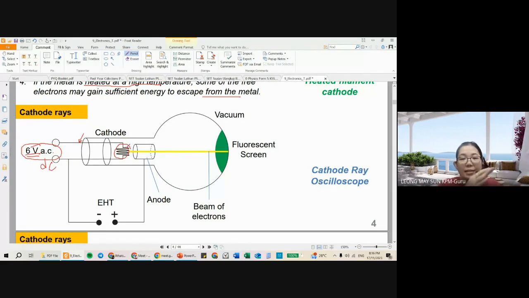It converts the electrical energy to heat energy and allows electrons to be emitted out from the metal. So when the electrons are emitted out from the metal, there will be electrons moving freely around this whole entire cathode ray oscilloscope. So that is actually what the 6-volt power supply is meant for.